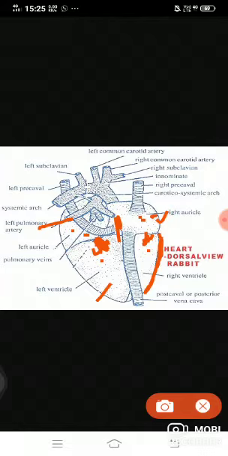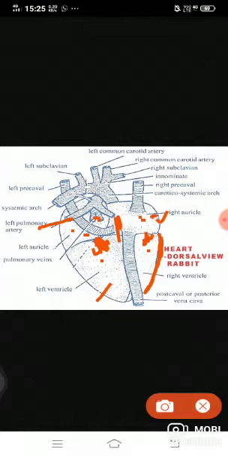So the 3 kinds of valves are tricuspid, bicuspid and semilunar valves.